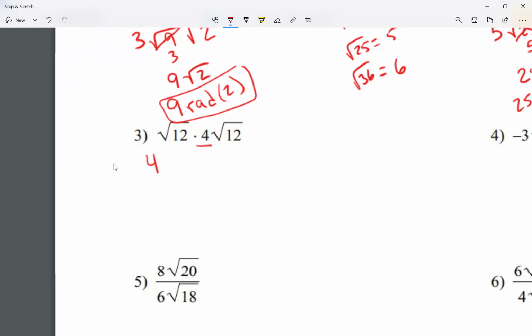And then my radicals. Multiply your radicals. I see 12 times 12. That's 144. Okay, now simplify. I'm not going to do anything with my 4. My radical 144, some of you are like, I can break this.